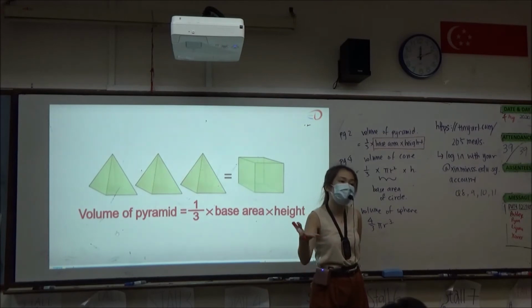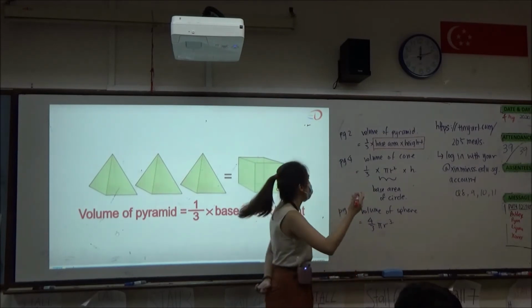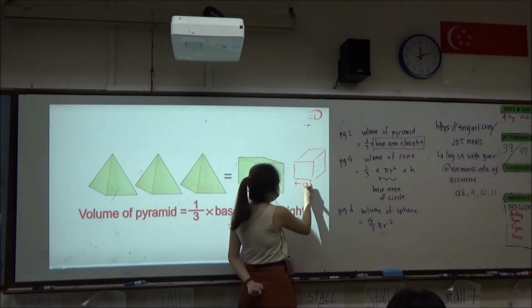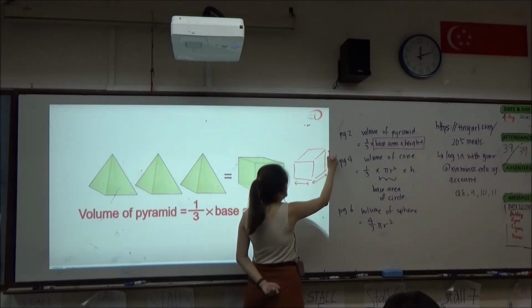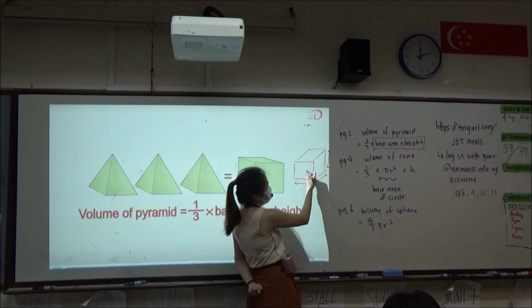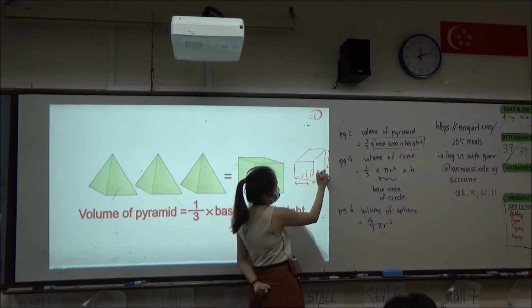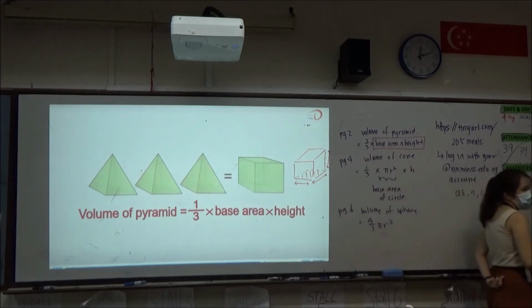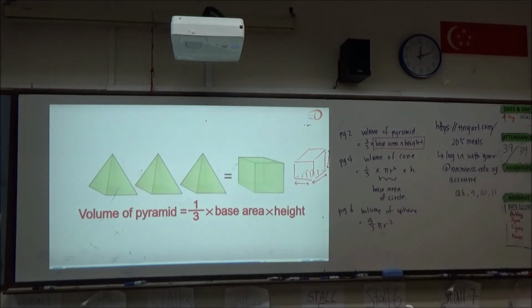Length times breadth times height. That's what we learned about cubes. For the volume of cubes, we learn length times breadth times height, where length times breadth gives us the area of the base. So that is the reason for such a formula. I hope that you can remember by that.